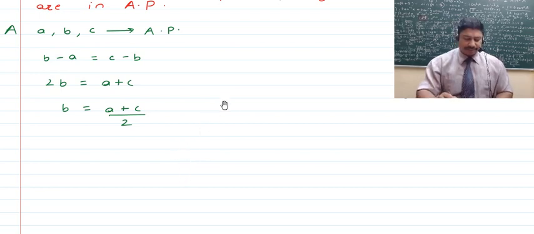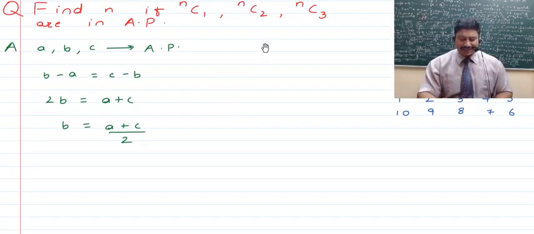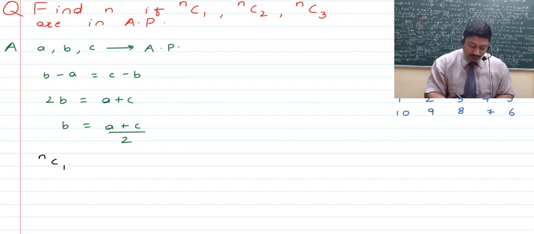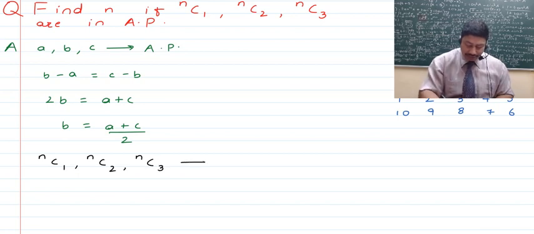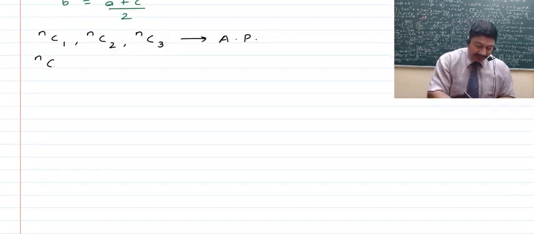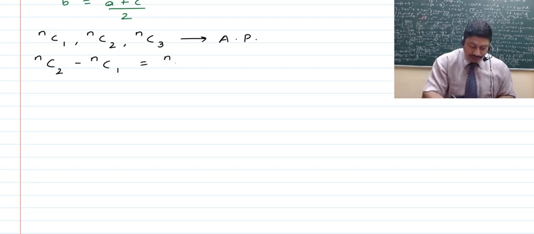At this time, we have nC1, nC2 and nC3 as three combination notations which are in AP. As such, using this concept that you just learned, we can say that nC1, nC2 and nC3 are in AP. So if these three are in AP, children, next we can write nC2 minus nC1 equal to nC3 minus nC2.